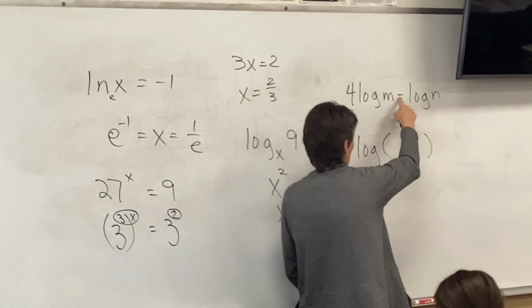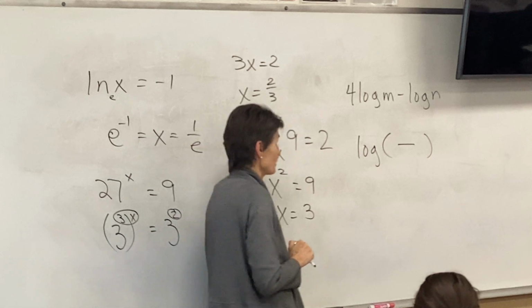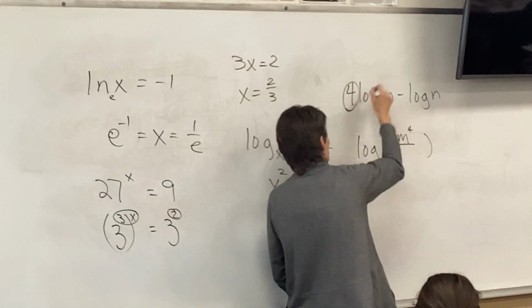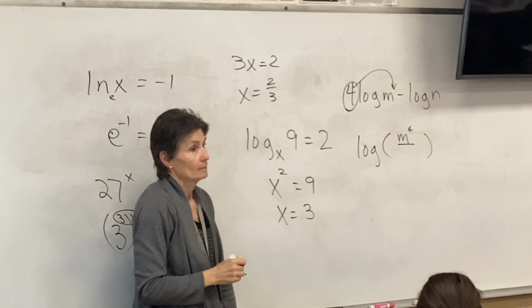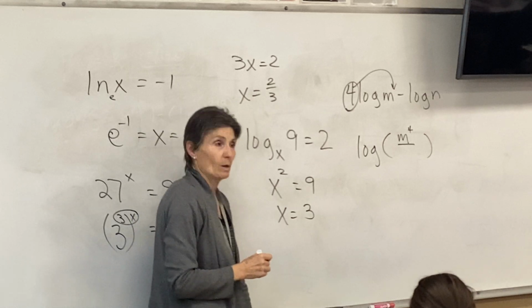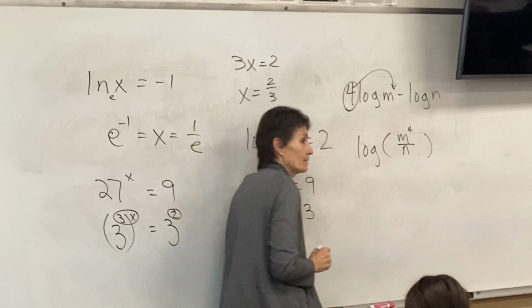First of all, would you agree it's going to be a division in there? So what's going to be on top? n to the 4th. Remember, a number out in front is an exponent in logarithm land. And then what goes in the bottom? Just n. That's all there is. Just n. There it is. Done.